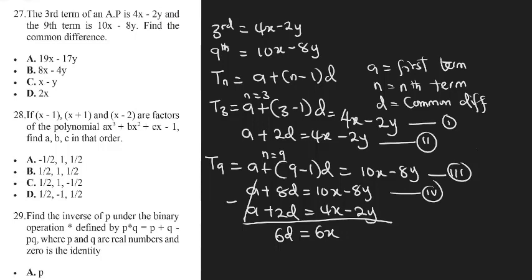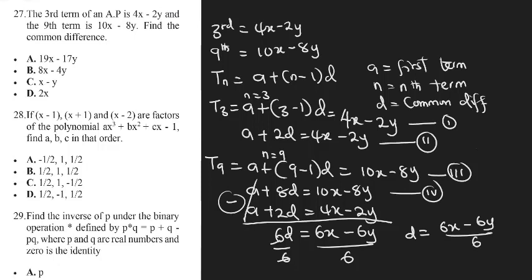Then we have minus 8y minus 2y, it's going to be minus 8 plus 2, and that is minus 6, so minus 6y. So we are looking for d, so we divide both sides by 6. So this will go. So we are left with d is equal to 6x minus 6y over 6.